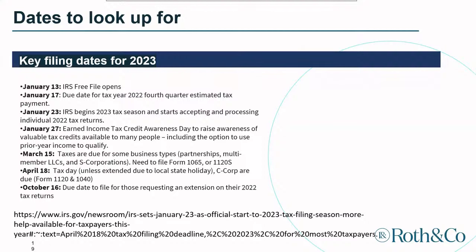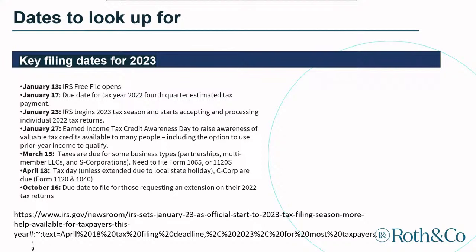Normally it will be six months from the due date of the tax return, so October 16 will be the due date for those requesting an extension for 2022 tax returns. But if there are taxes due, they need to be paid on the due date, March 15. Otherwise, there will be penalties. So that's very important to keep in mind.